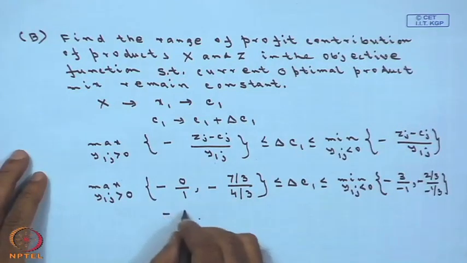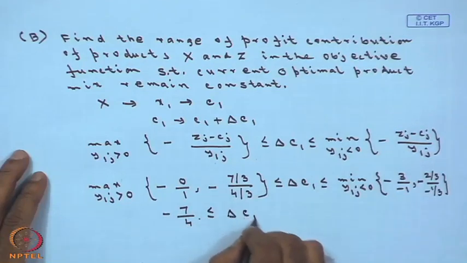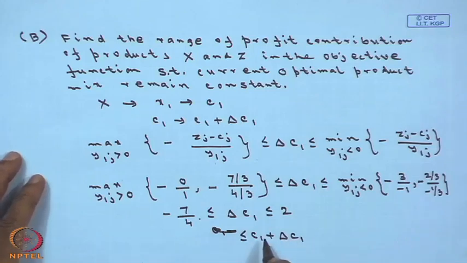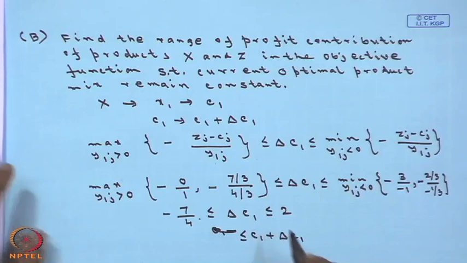If you calculate, you will find that minus 7 by 4 is less than or equal to delta C 1, which is less than or equal to 2. So, you can now find out the range of C 1 plus delta C 1. The value of C 1, the cost of the product X, is rupees 3.